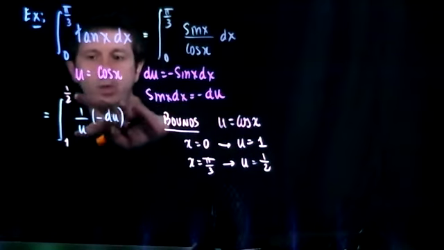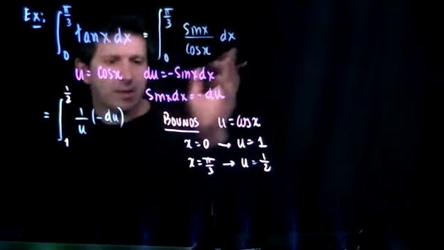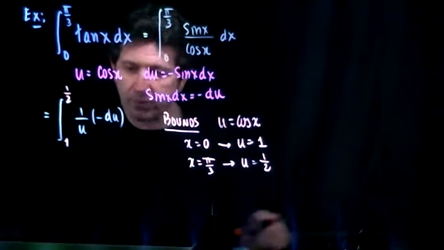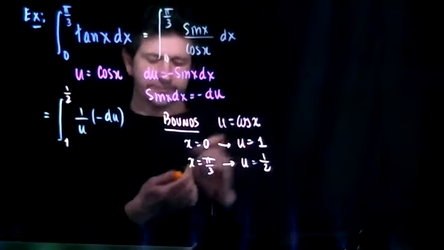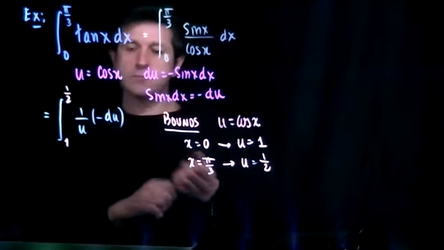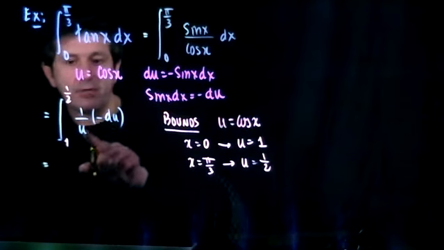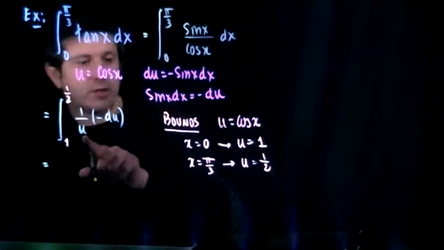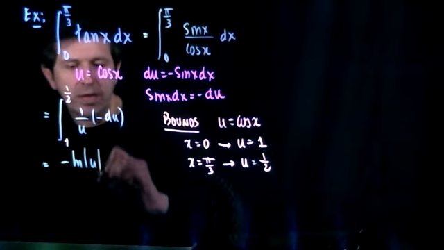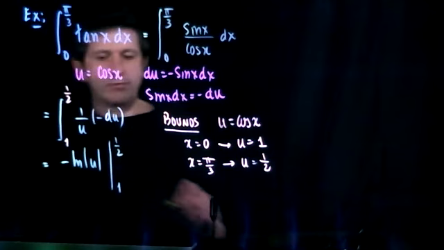Okay, so you might find it weird that this bound is higher than this one. True, because it's an area, but we'll talk about this when we do the properties of the definite integral. Okay, so what do we get here? If I do the antiderivative of this, I will get ln. So I have negative ln absolute value of u evaluated from 1 until 1 half.